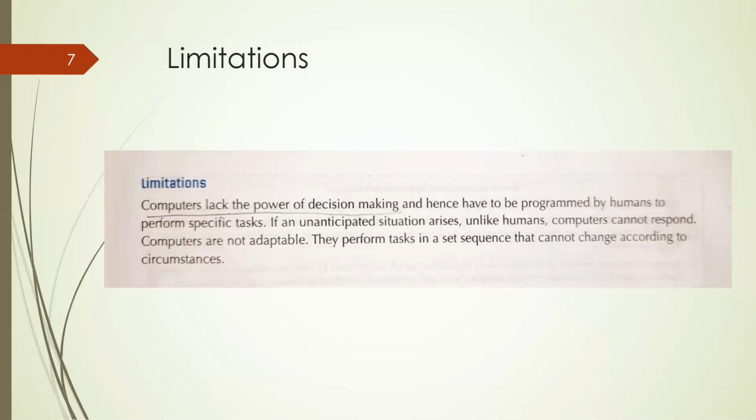Computers are not adaptable. They perform tasks in a set sequence that cannot change according to circumstances. A human being, according to the circumstances, can change, can adapt to new things. But computers cannot do that.